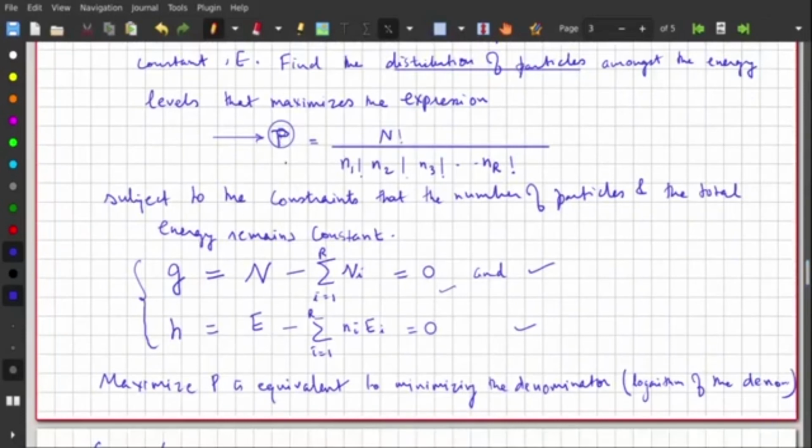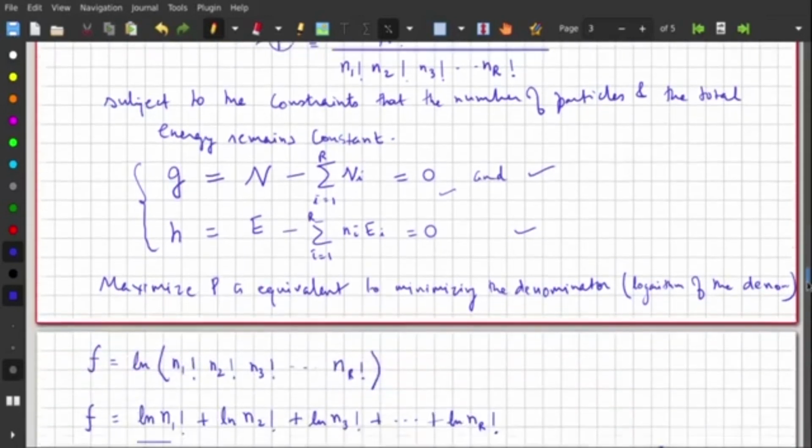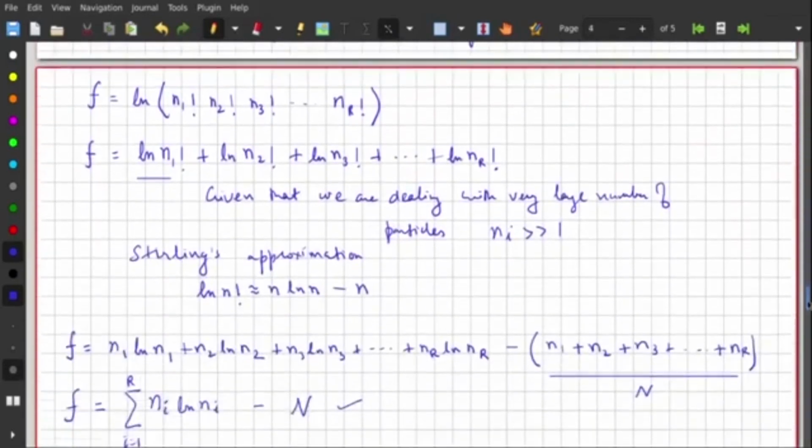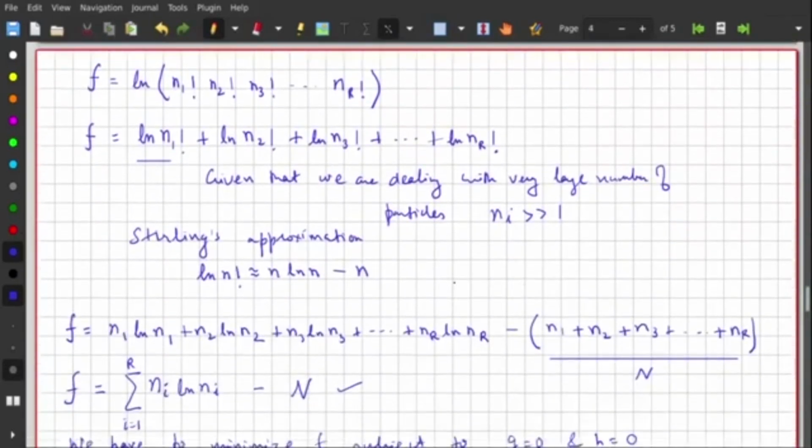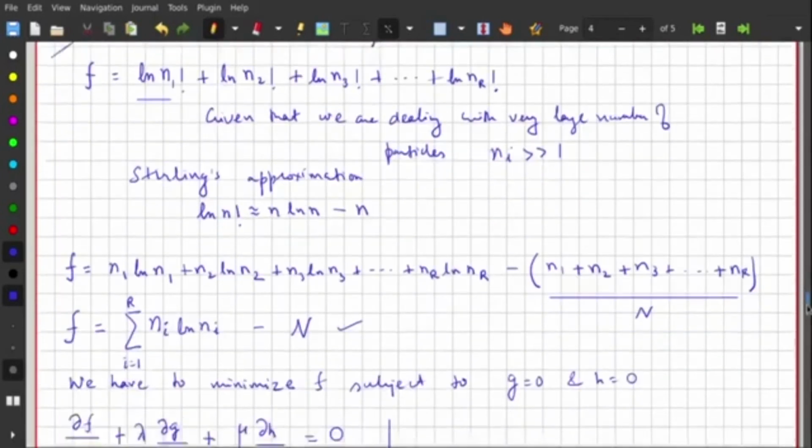If we want to maximize P, we want to minimize its denominator, which is the same as minimizing the logarithm of the denominator. So this was the function we started with, and we took the logarithm for a reason, because we wanted to convert the factorial functions to continuous smooth functions using Stirling's approximation. And that's what we did. We converted f using Stirling's approximation.